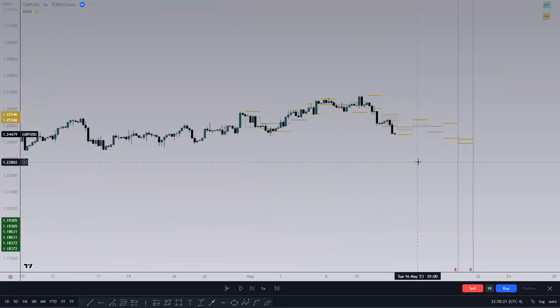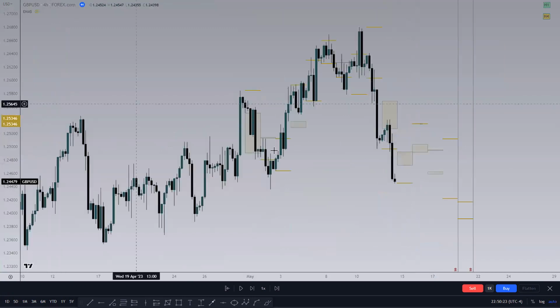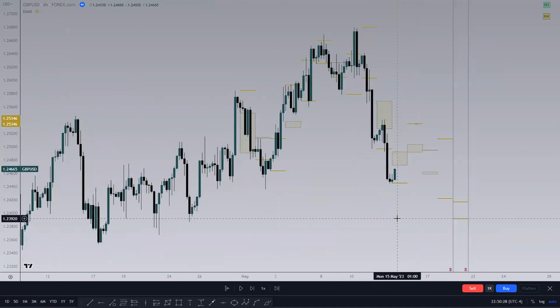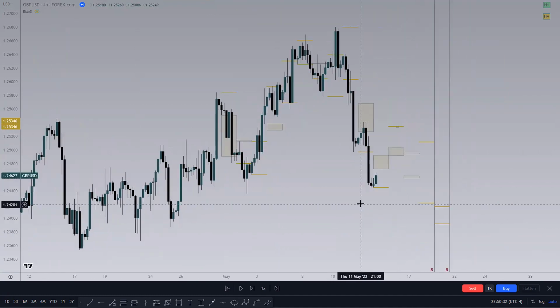So let's take a look just before the London Open on Monday. I'm just going to forward play up until 1 a.m. We can see that just before the London Open, in terms of the liquidity targets, the next draw on sell side liquidity was this initial low, and the next draw on buy side liquidity was this imbalance.